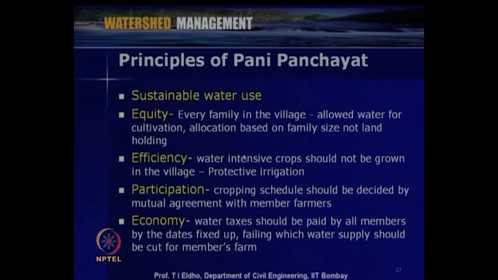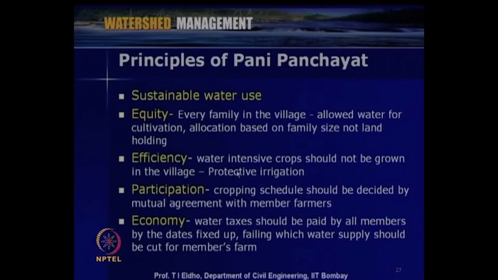So, the villagers cannot go for any kind of farming, but water efficient agriculture should be implemented. So, water intensive crops should not be grown in the village, for example, sugar cane. So, this type of agriculture is not promoted in this area. So, protective irrigation is one important aspect. Then participation.